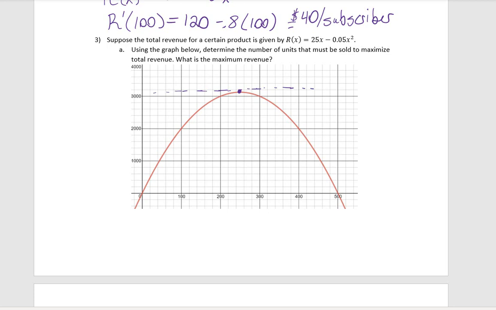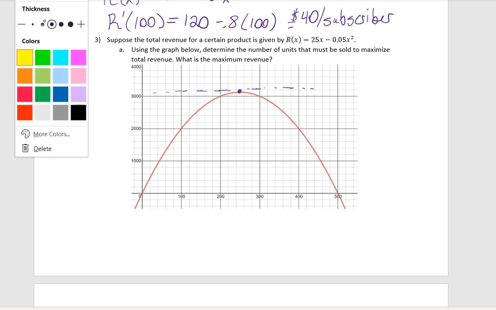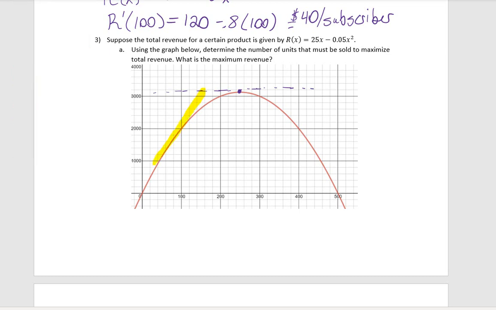Now, if we do a little interpretation of what this means, if we look at this side and draw the tangent line, notice that our tangent line is positive, which means that our revenue is increasing. However, the second we go beyond this point here, our tangent line is going to have a negative slope, which means it's decreasing.